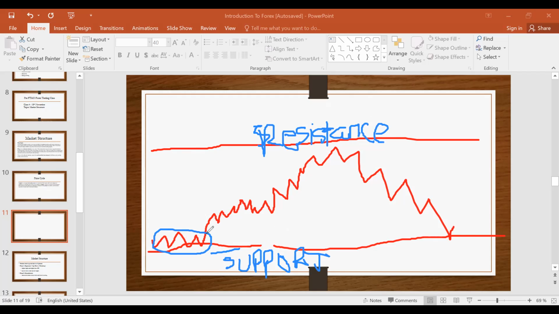So we know that it will go up. As it goes up, if it consolidates around the middle part here, it only has two options now. It can either continue going up or it can come back down, which means we shall be looking for a particular pattern, and that pattern is called a continuation pattern.